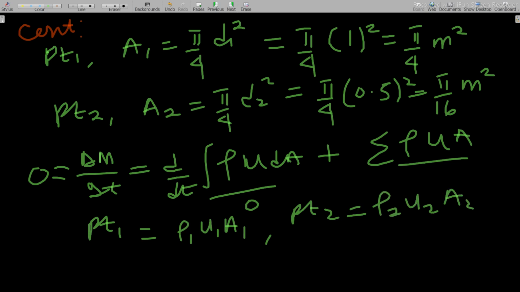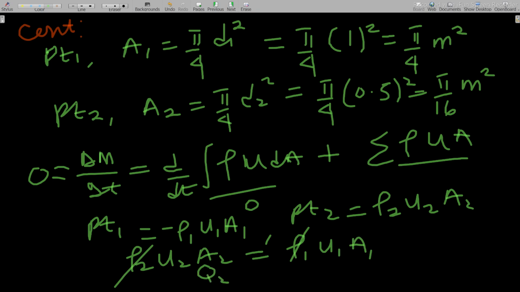Summing these should equal 0, but point 1 is entering, so we negate it, and we say that ρ2 u2 A2 should be equal to ρ1 u1 A1. But here ρ1 and ρ2 are the same. A2 u2 is Q2, and u1 A1 is Q1. That is discharge. So Q1 equals Q2 and is equal to Q.